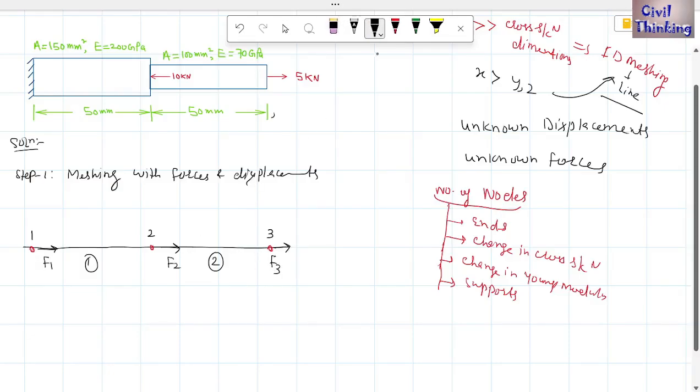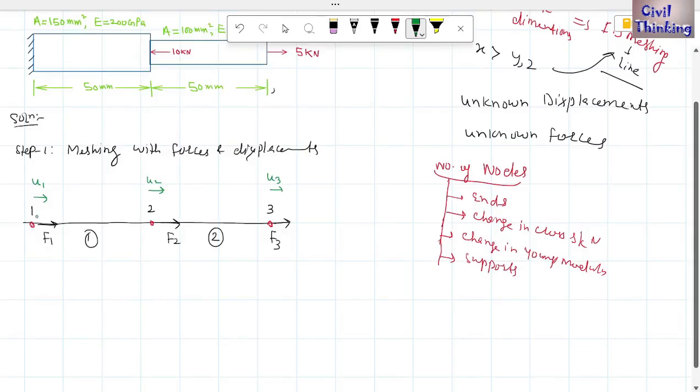Now the nodal displacement at this node is U1, here the nodal displacement is U2, and here it is U3. So at node 1 we have a force F1 and nodal displacement U1, at node 2 a force F2 and displacement U2, and at node 3 a force F3 and displacement U3. We have drawn the meshed body along with all the forces and nodal displacements.